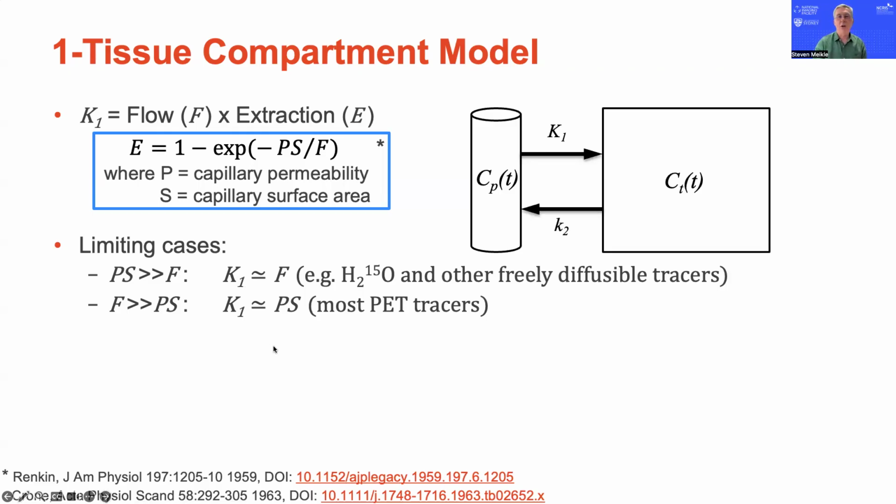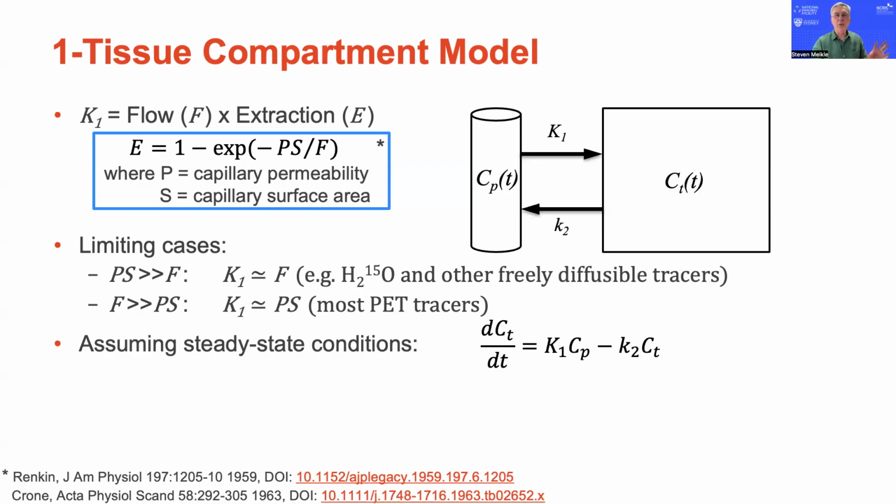On the other hand, for a lot of the other PET tracers we use, that's not the case, and flow is significantly bigger than the PS product. In that case, we say that it's a permeability limited or capacity limited tracer, and then K1 is more closely equal to the PS product. So that's just to show you two extreme cases for different tracers.